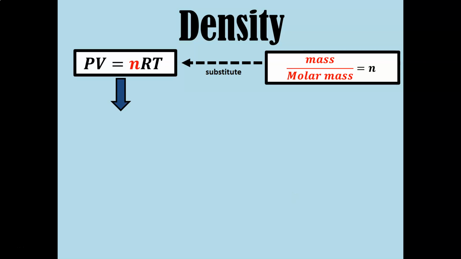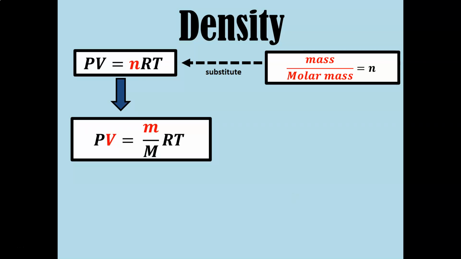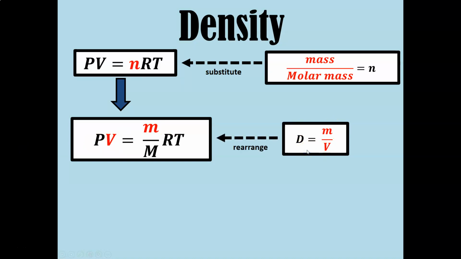Now, let's think for a minute. Density is mass over volume. I have a variable for mass and for volume, but they're not together. They need to be divided like this in order for it to be density. So what I'm going to do is rearrange this to try to make it look like our density equation.